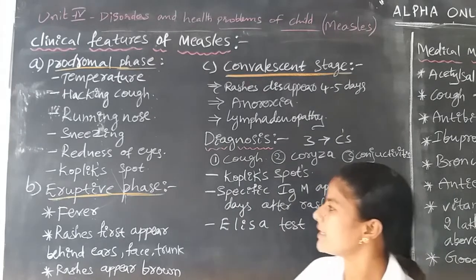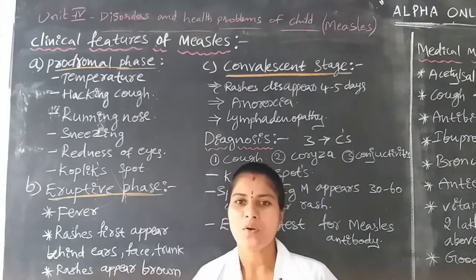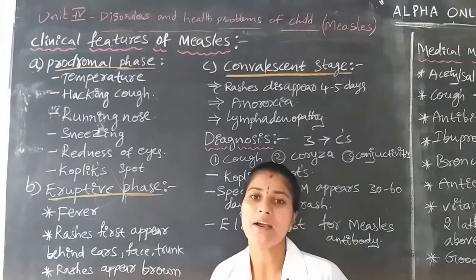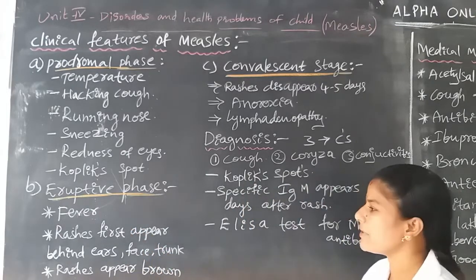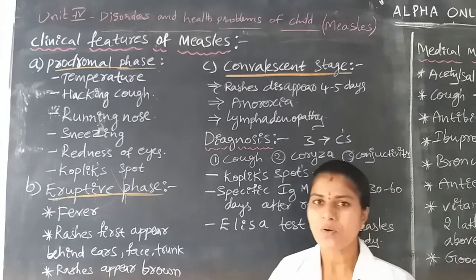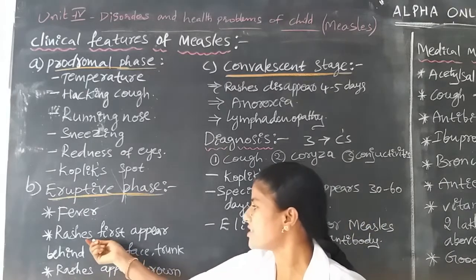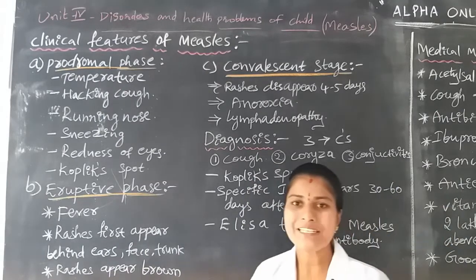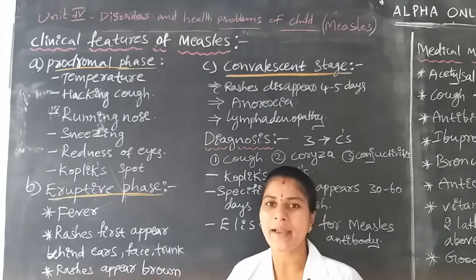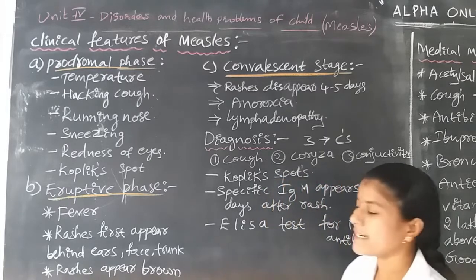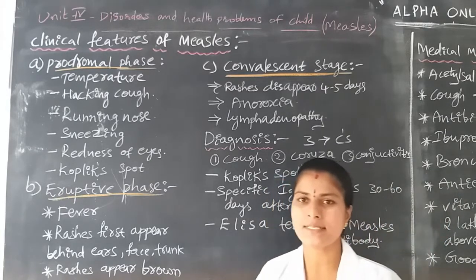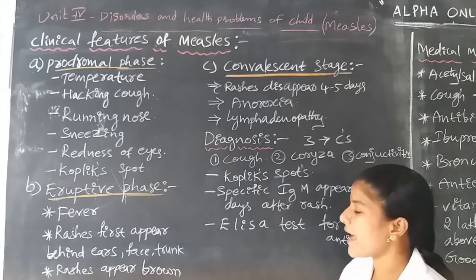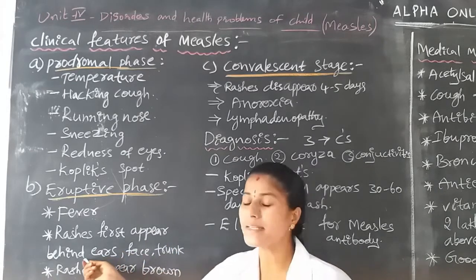Next, the second one is the eruptive phase. In this phase the children have fever, meaning the body temperature is increased. The rashes first appear behind the ears; every child has a rash identified behind the ears.